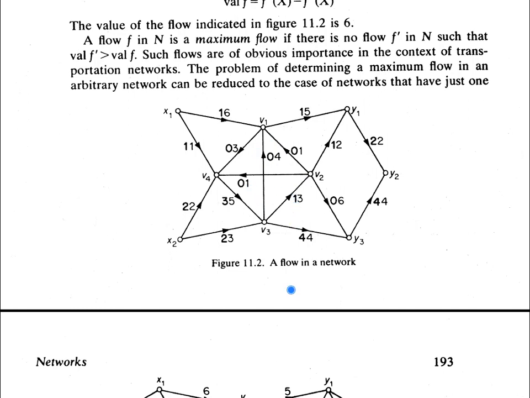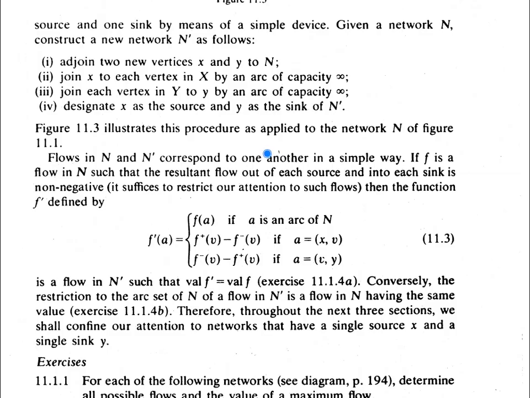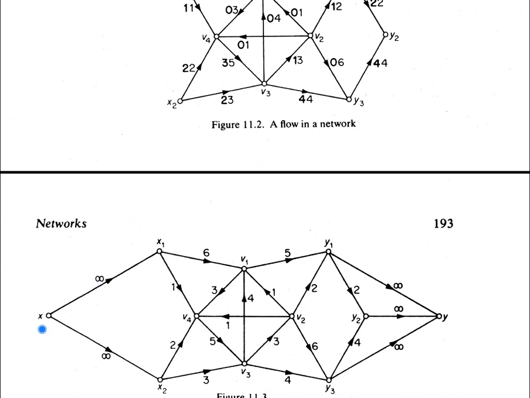So you add this fake source and this fake sink, and you do it by adding arcs with infinite capacity. All right. So now the problem has only one source, only one sink, and for all the other vertices the incoming flow equals the outgoing flow, including the true sinks and sources.